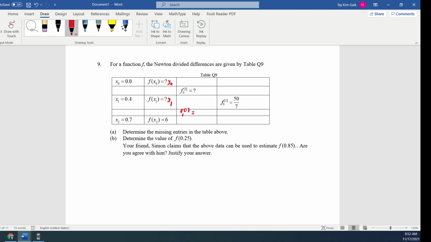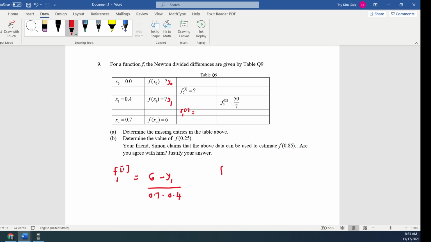So f1 level 1 is 6 minus y1 divided by 0.7 minus 0.4. Okay, this is f1 level 1.